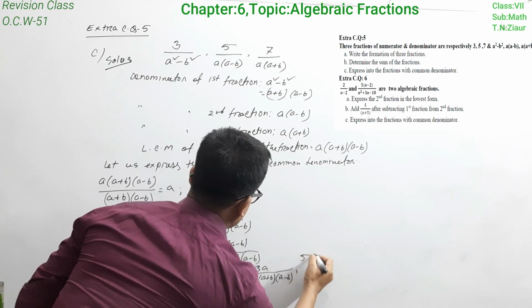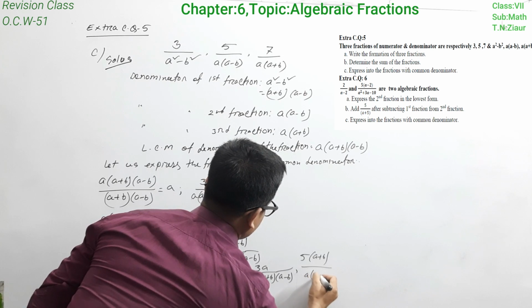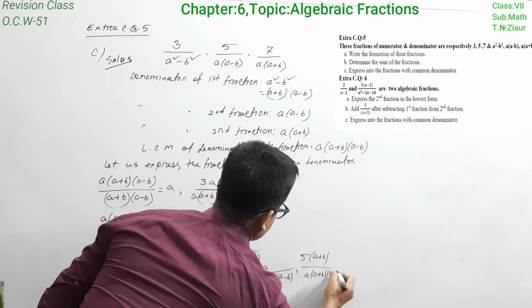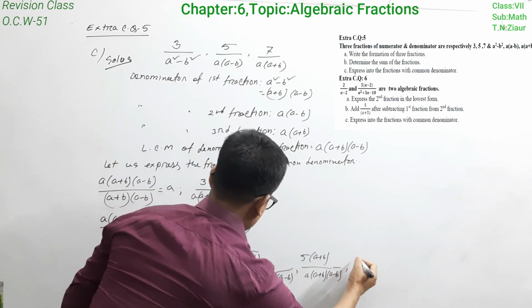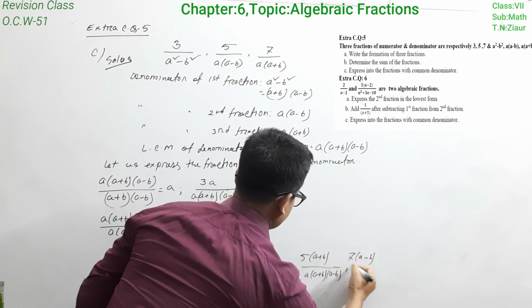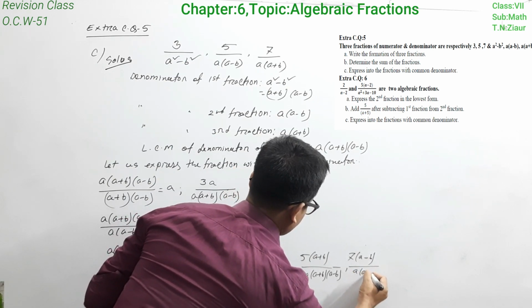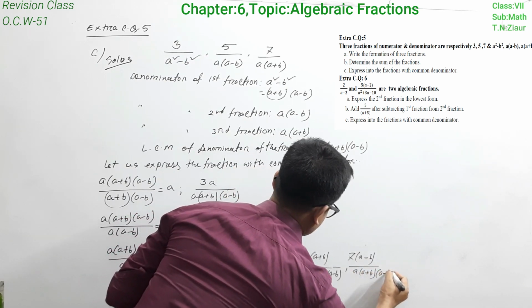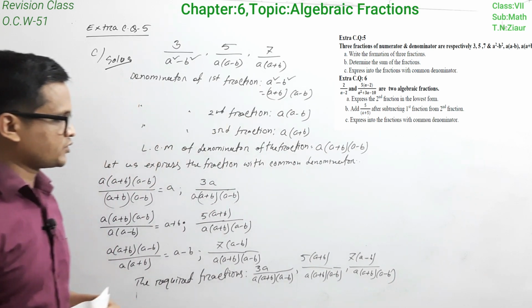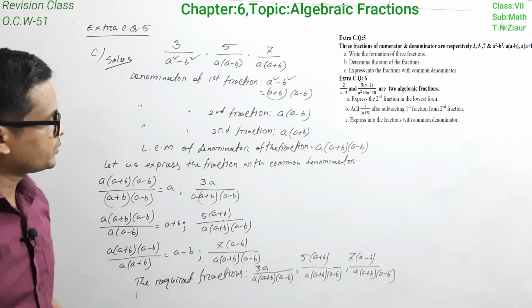Second one, 5 into (a plus b) by a into (a plus b) into (a minus b). And the third one we can write 7 into (a minus b) by a into (a plus b) into (a minus b). This one is the required fraction. This one is the required common denominator, students. Have you understood? I hope you understood this one.